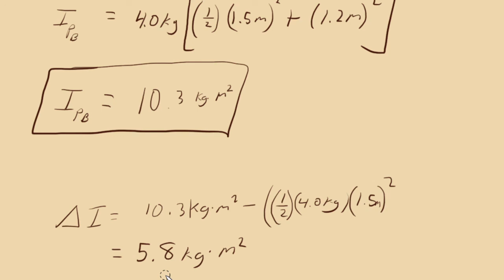If you've ever grabbed something symmetrical and spun it, it's not too difficult to spin it when you're holding it in the center. But if you grab one end or the other, it is more difficult to rotate that object, because as you move that axis out away from the center of mass, you're increasing the moment of inertia.